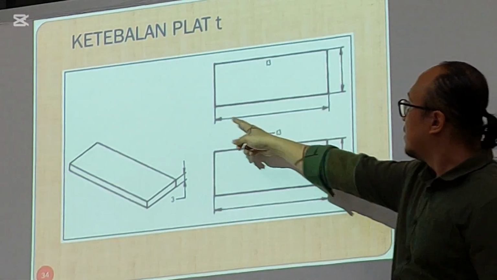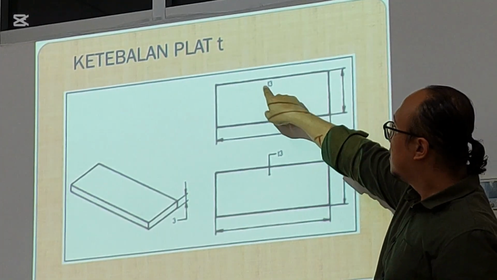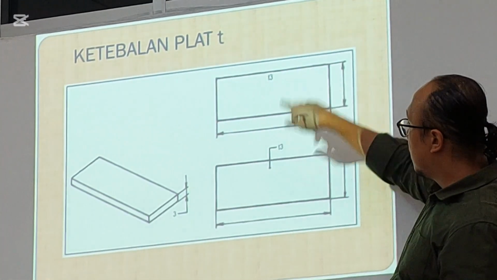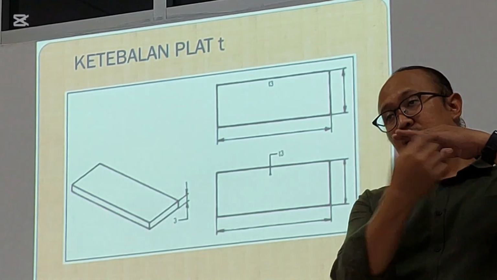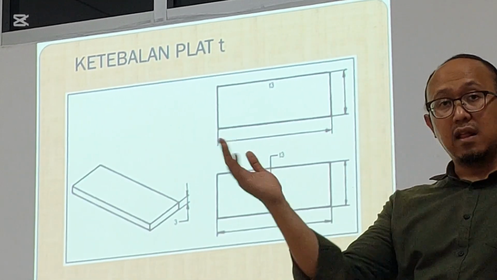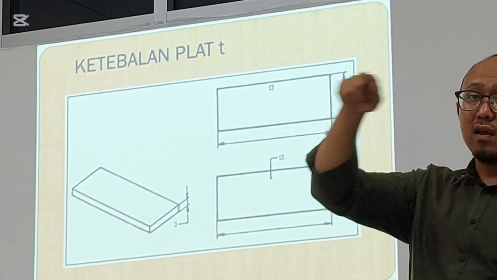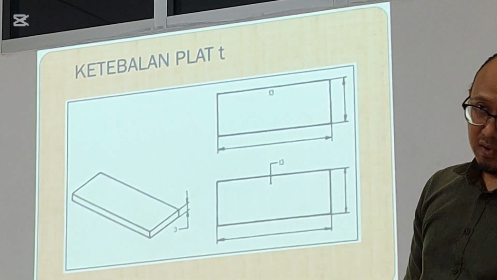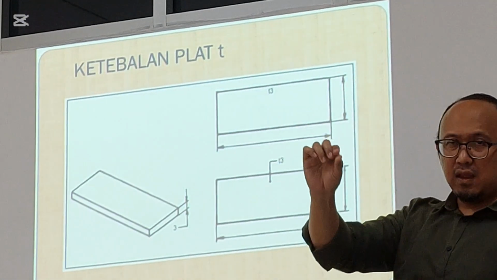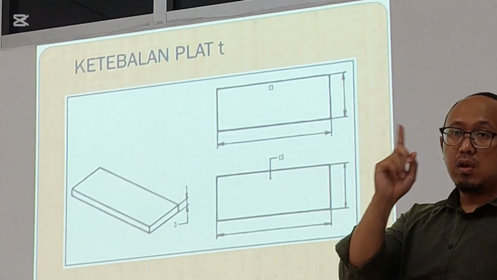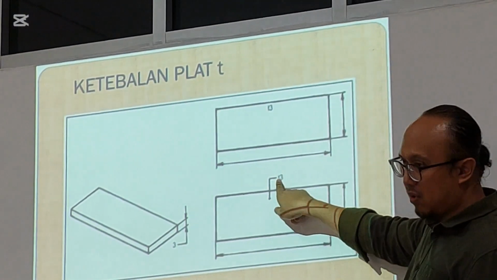At the front view you can add the length and the width, and for the thickness you add like this, T3. It means that the thickness is 3 millimeter. Because if you see from the front view or another view, the thickness is too small, maybe your drawing only looks like a line. So if the thickness is very thin, you only need the front view, no need for top view or side view, because the thickness is small.